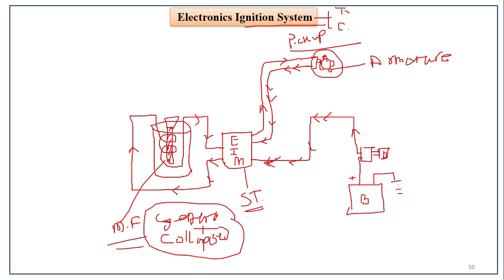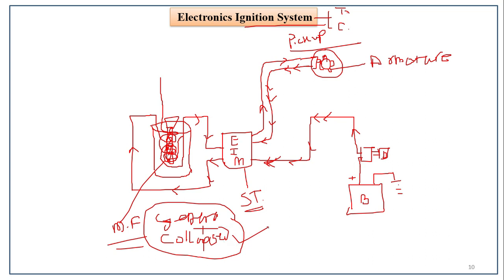Very high voltage will be generated in the secondary windings. We know that there are primary windings and also secondary windings, where the number of turns is more as compared to the primary winding, and this is the high voltage circuit which is capable of producing a high voltage spark.